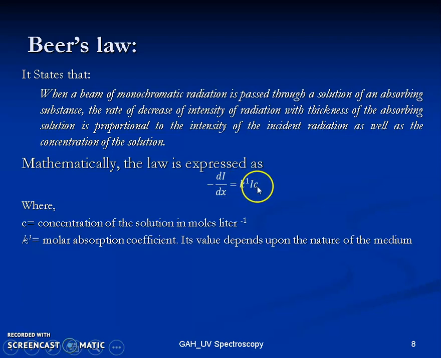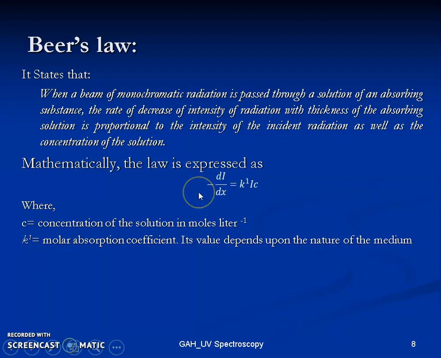The additional term, as I said, is the concentration term, which is included in Beer's law. C is the concentration of the solution, expressed in moles per dm cube or moles per liter. K dash is the molar absorption coefficient.